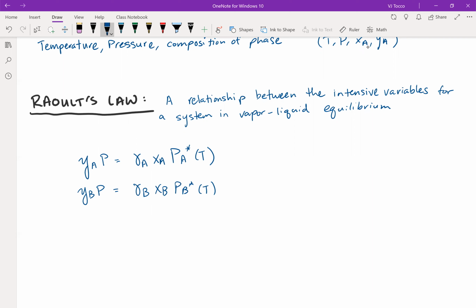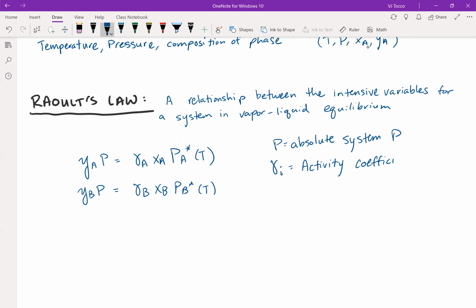Now I have to do some defining of my terms. I've already defined YA to be the mole fraction in the vapor phase and XA to be the mole fraction in the liquid phase. P is absolute system pressure. Gamma I are the activity coefficients. And this is the only new part that you should be unfamiliar with if you haven't taken phase yet.